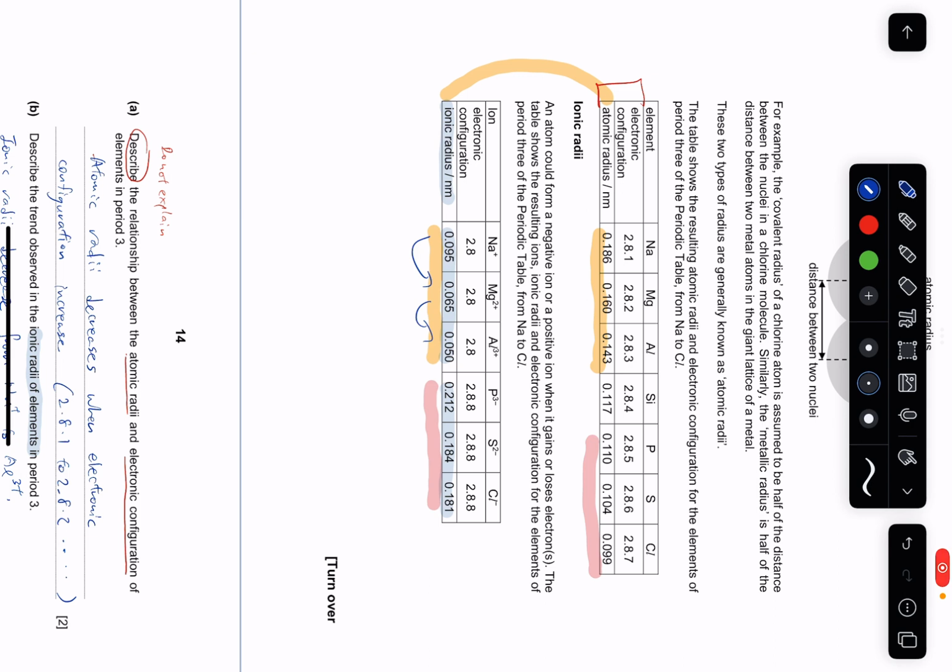Your cation. So I go from sodium to magnesium to aluminum. These are all metals. Then look at their cation. We can see that the cation is smaller than the atom.